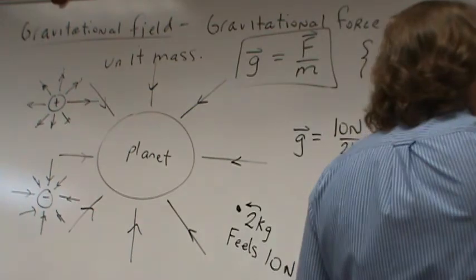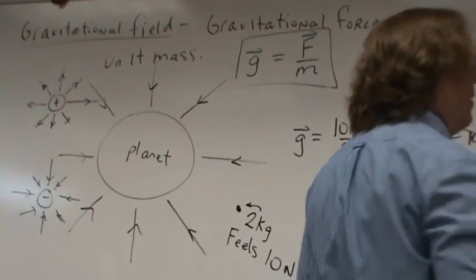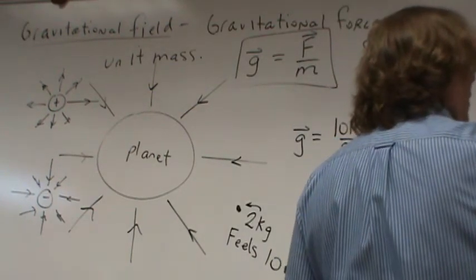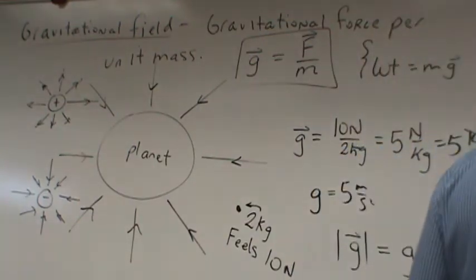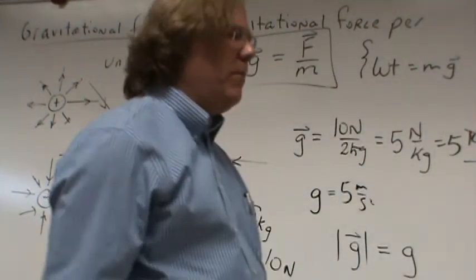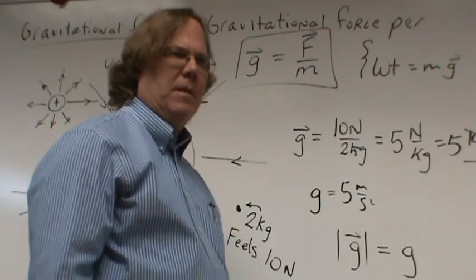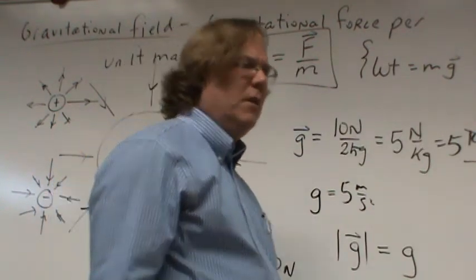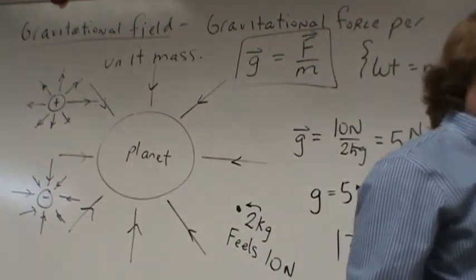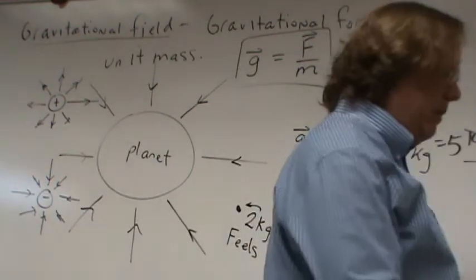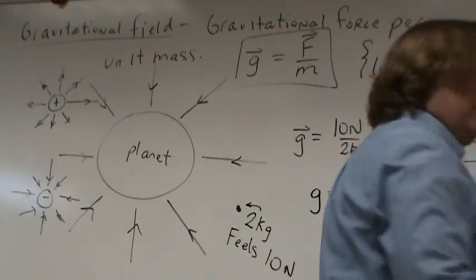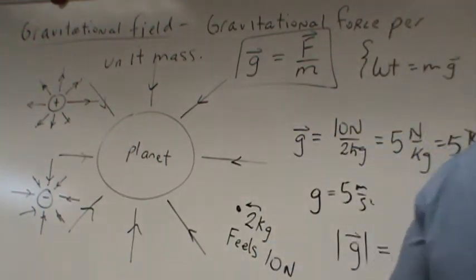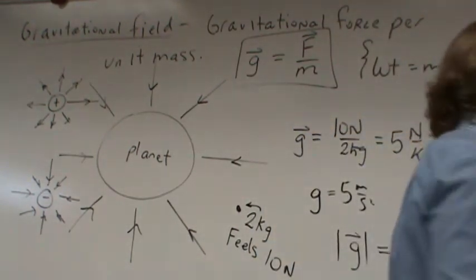So here's what I've got. Here's planet Earth. Okay? And I want to get the gravitational field at some point away from planet Earth. Well, just like we did with electric field, if I want to get the gravitational field at this point here, I'm going to put a little test mass there. I'll call it m0.